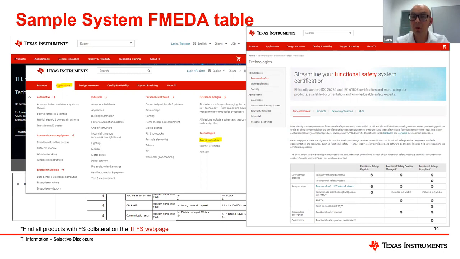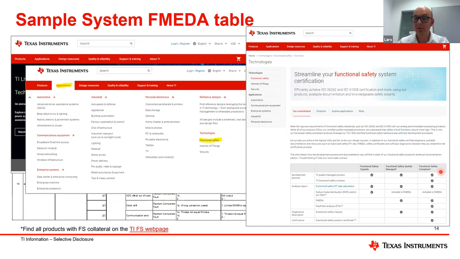So TI introduced already 2 years ago 3 categories from functional safety capable to functional safety quality managed and functional safety compliant. And you can see that on the functional safety compliant, for example, you get all the information. So this is really, the device is developed after the functional safety process.